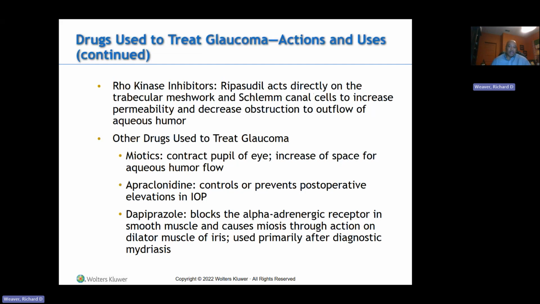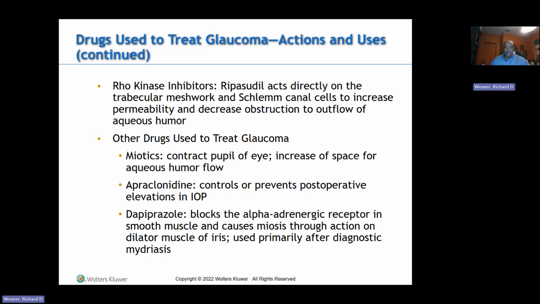The drug is used primarily after ophthalmic examinations in order to reverse the diagnostic mydriasis. Remember, mydriasis is the dilation of the pupils. Miosis is the constriction of the pupils, but mydriasis is the dilation of pupils.